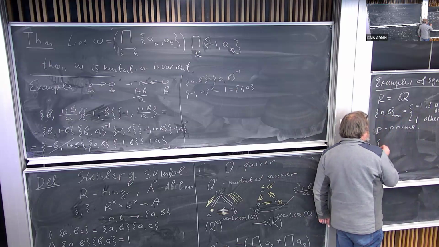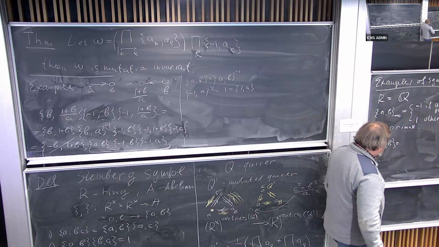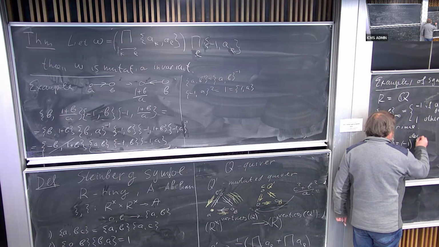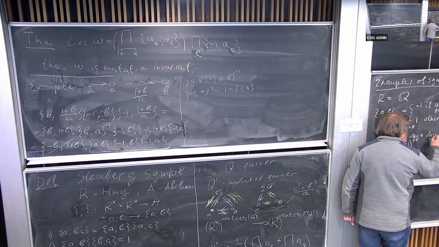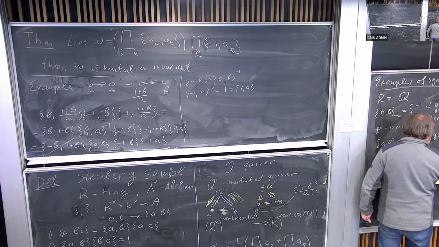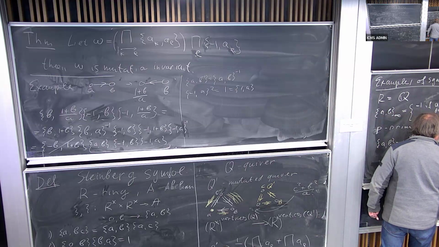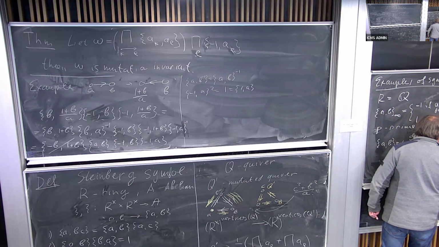You take the symbol of AB, and this is equal to minus 1 to the power degree_P(A) times degree_P(B), times A to the power degree_P(B) divided by B to the power degree_P(A).